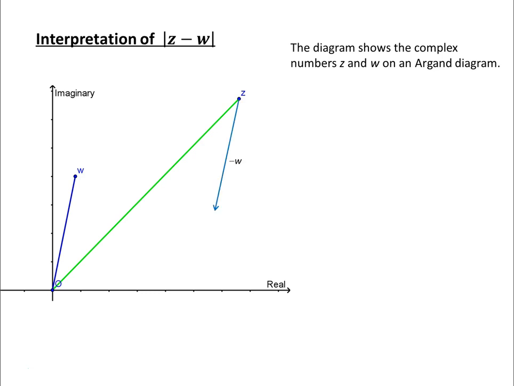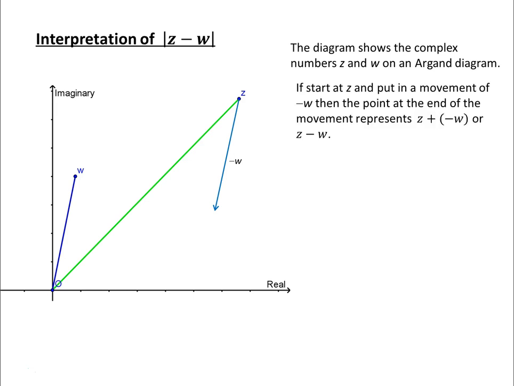And if we travel minus w from z, then the point at the end of the movement is going to be the point z plus minus w, in other words, z minus w.